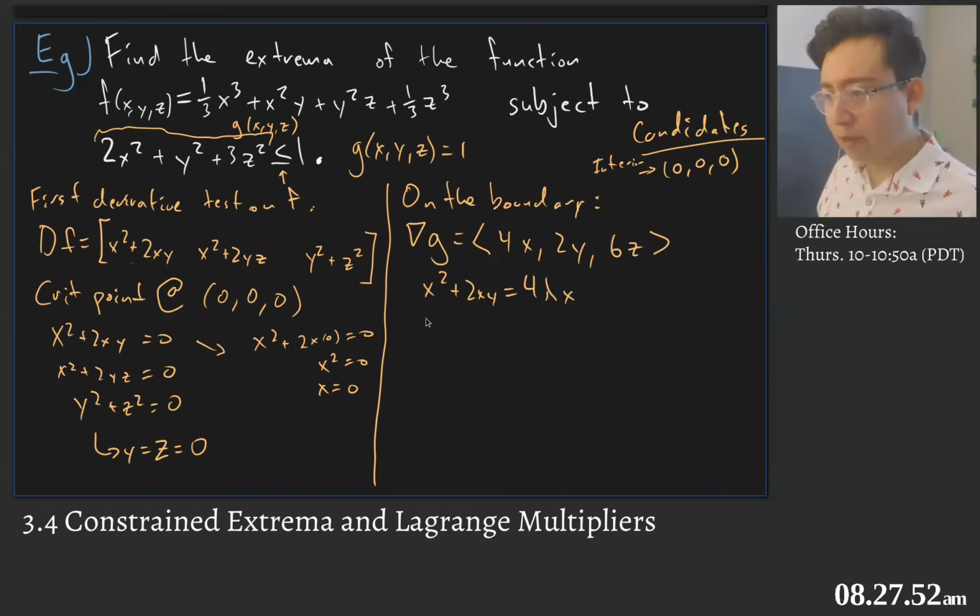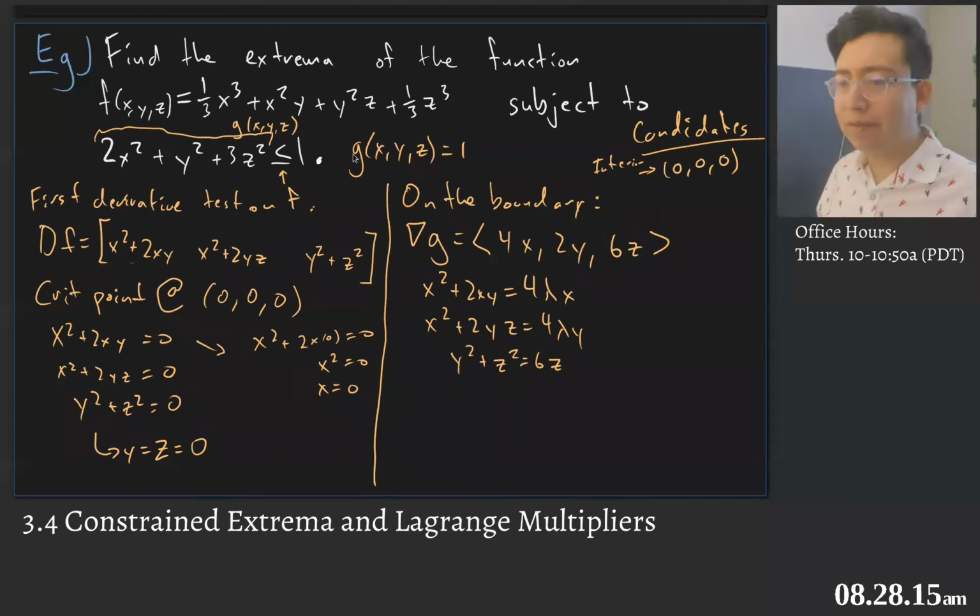And then the second coordinate, x squared plus 2yz equals 4 lambda y. And then the last one, y squared plus z squared equals 6 lambda z.